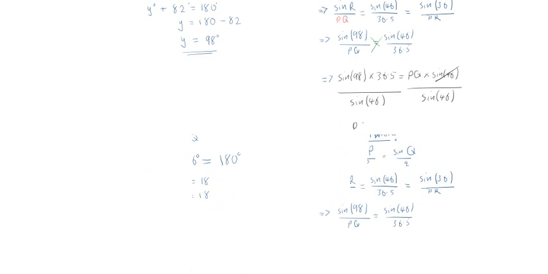PQ is equal to, now let us multiply. So what is sine 98? Punch sine 98 on your calculator. The answer that you get, you multiply it by 36.5.